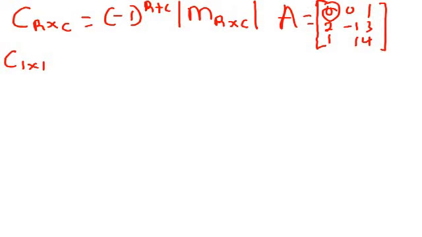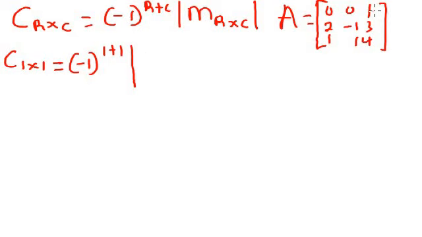That's 0. Perfect. So its cofactor will be equal to negative 1 to the power of 1 plus 1, and we are multiplying that with the determinant of its minor matrix.